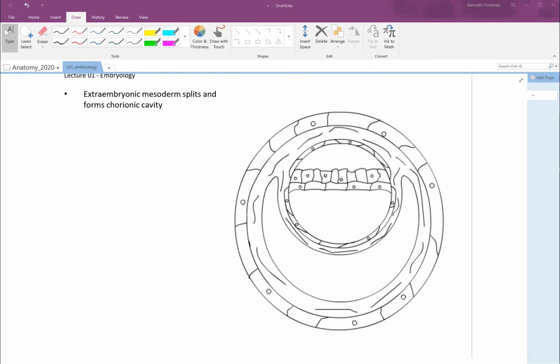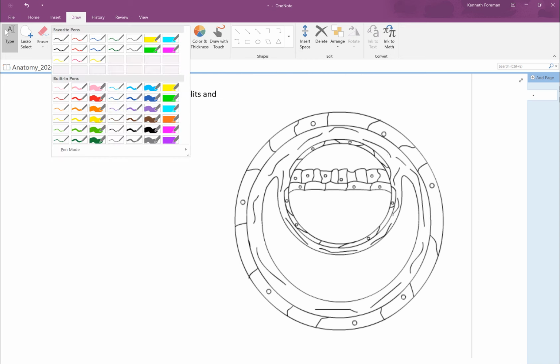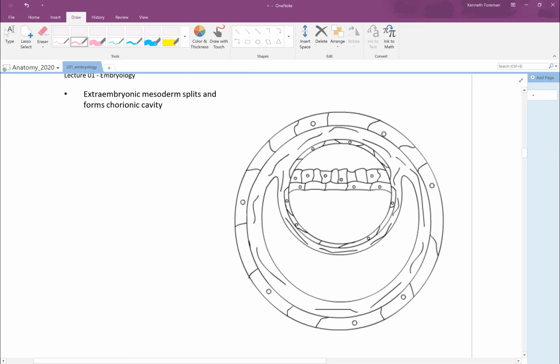Next, the extra embryonic mesoderm, which was in pink on the previous slide, splits and forms the chorionic cavity. So let me draw that for you. So right here, we'd have that extra embryonic mesoderm.